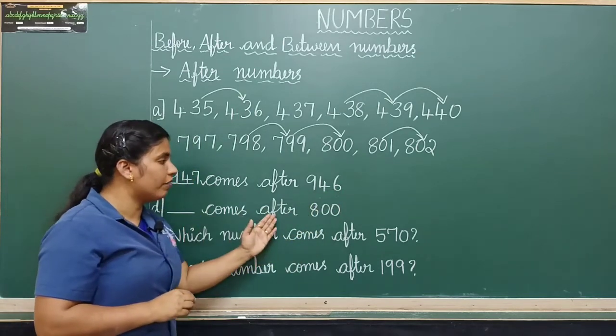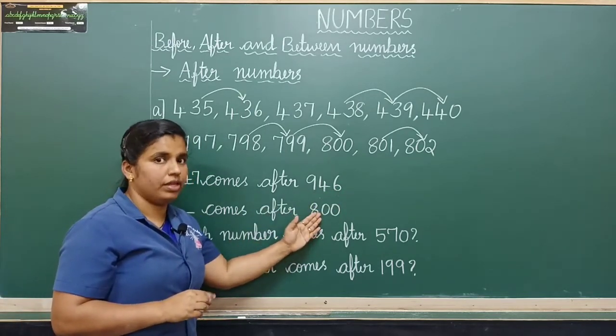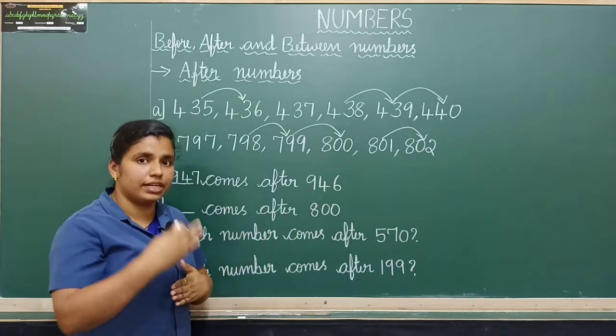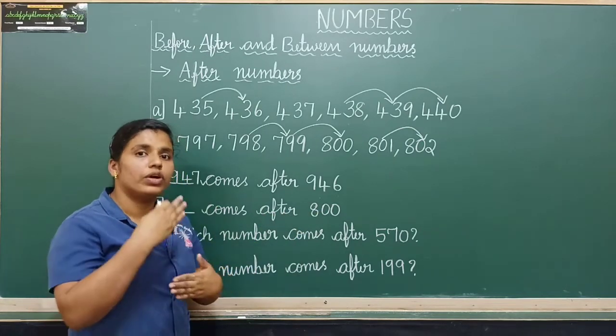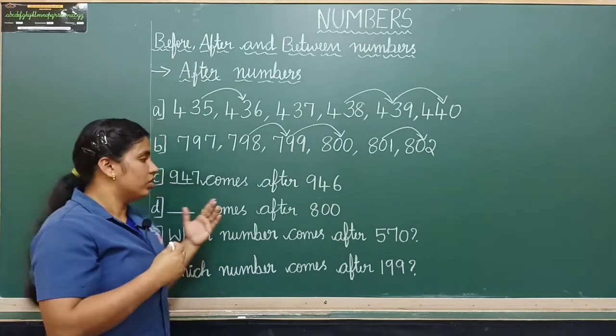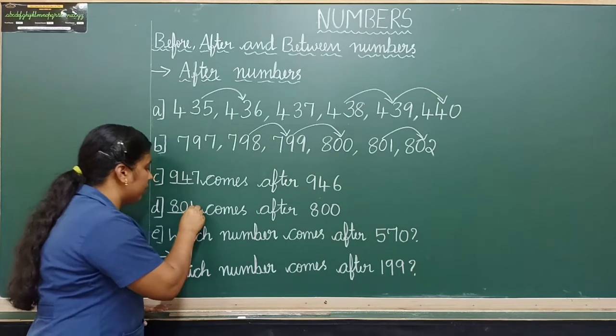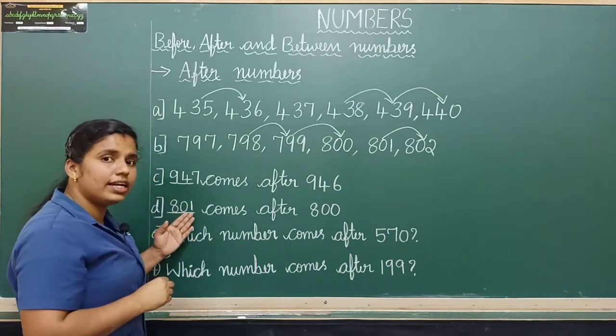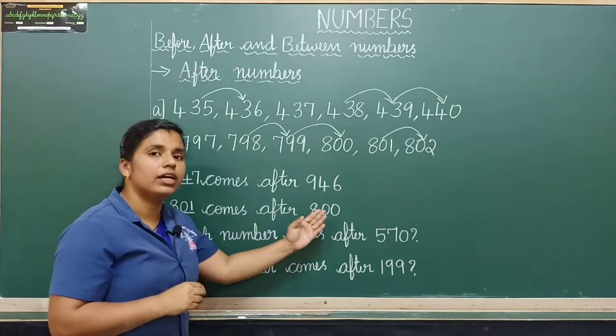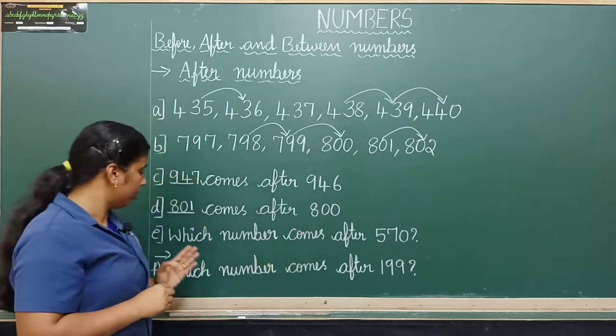Dash comes after 800. 800, 801, 802, 803. So you know the next number will be the after number. Therefore, 801 comes after 800.